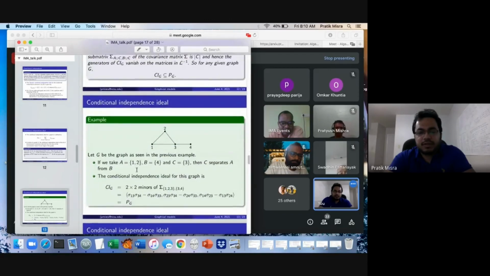Over here we have A union C as 1, 2, 3 and B union C as 3, 4. As C is exactly one element, we take all the 2 by 2 minors of sigma A union C, B union C. And that's how the conditional independence ideal is defined.